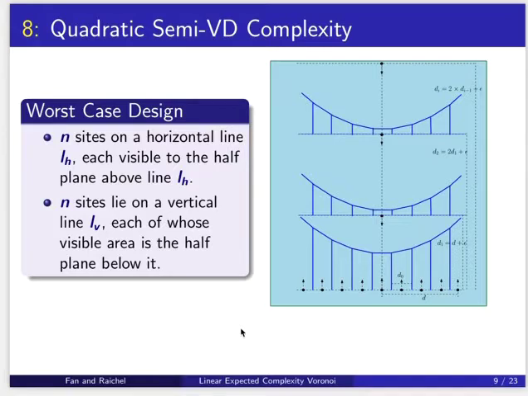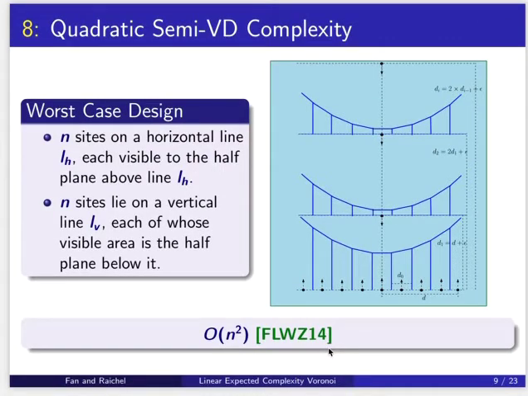The construction makes every site on the horizontal line control n disjoint cells. So the total number of cells in this construction will be n squared. The quadratic complexity was first shown by a paper in 2014.